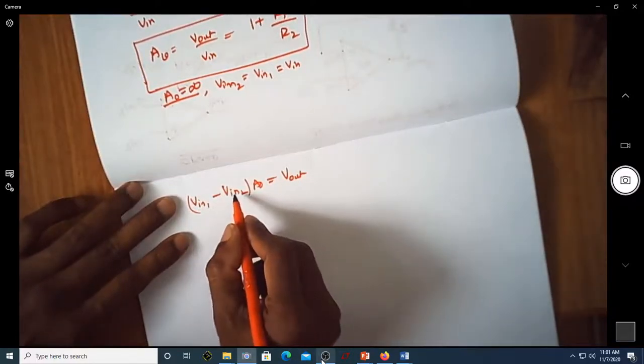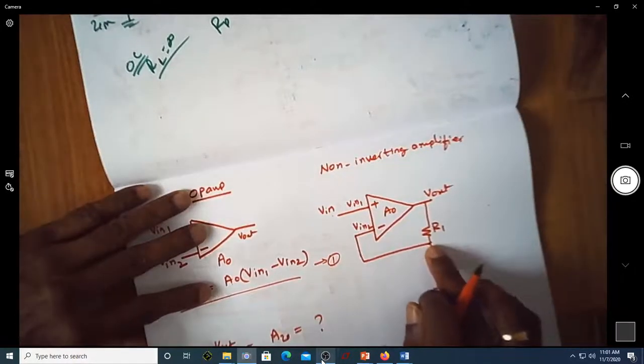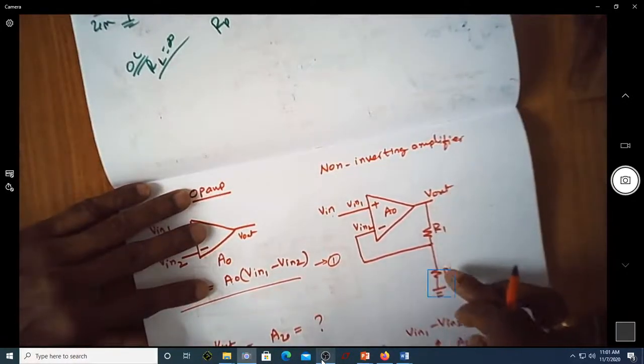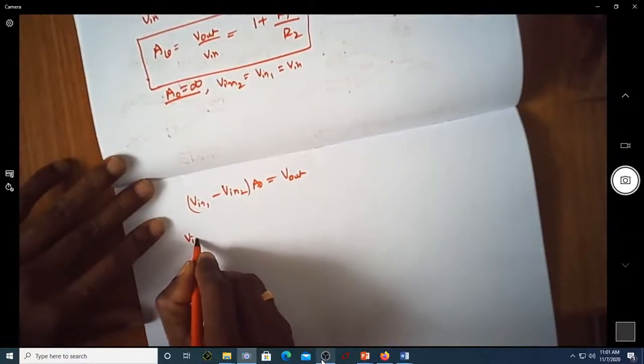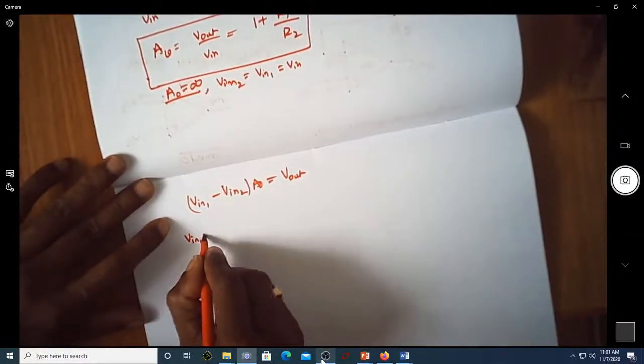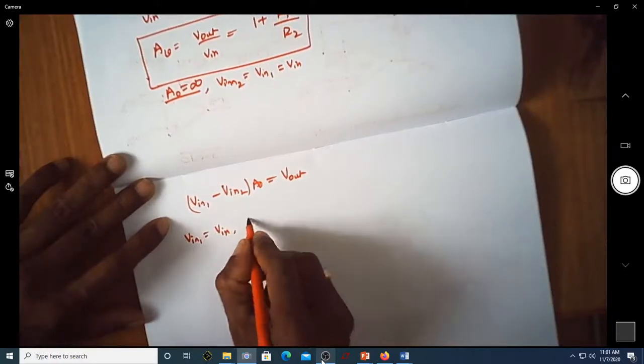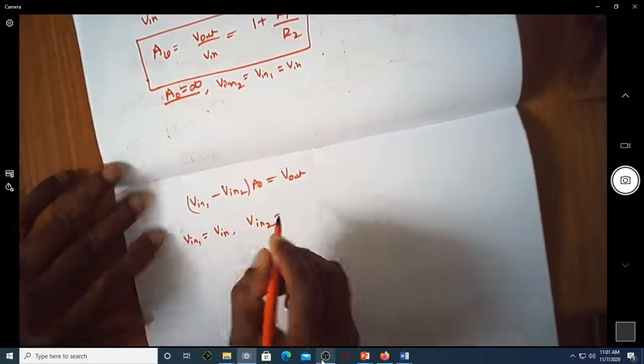So I can write what V in 2 is here. V in 2 is nothing but V out multiplied by R2 by R1 plus R2. V in 1 is actually V in.